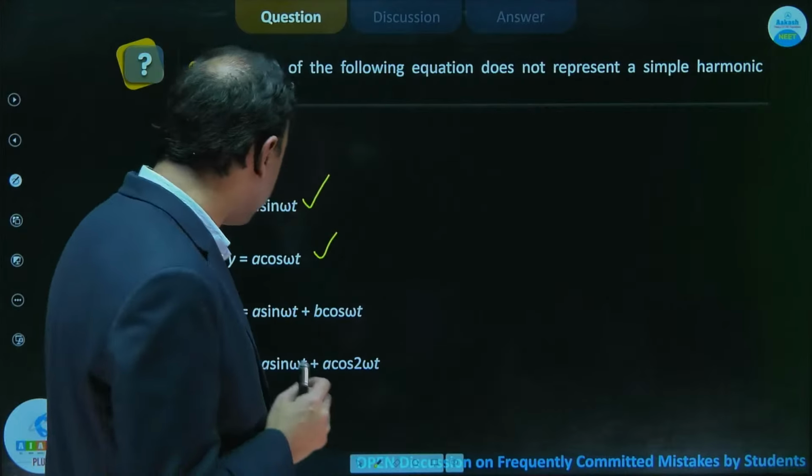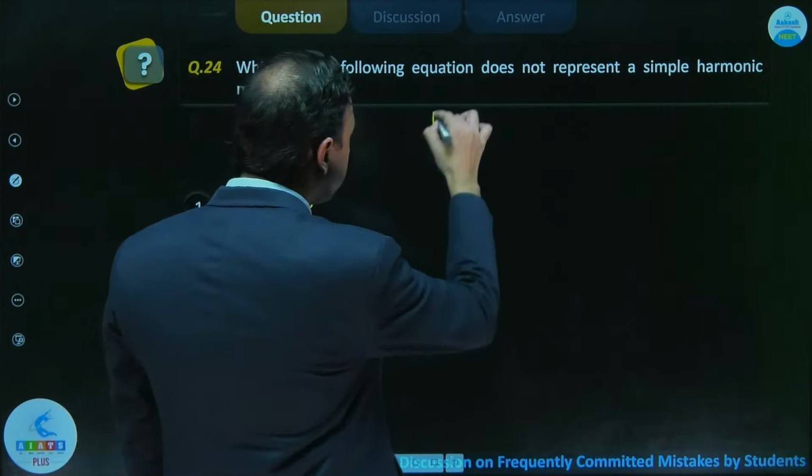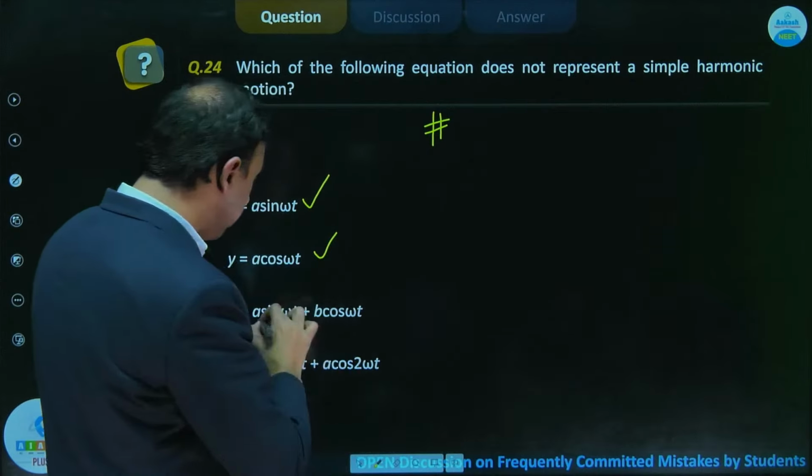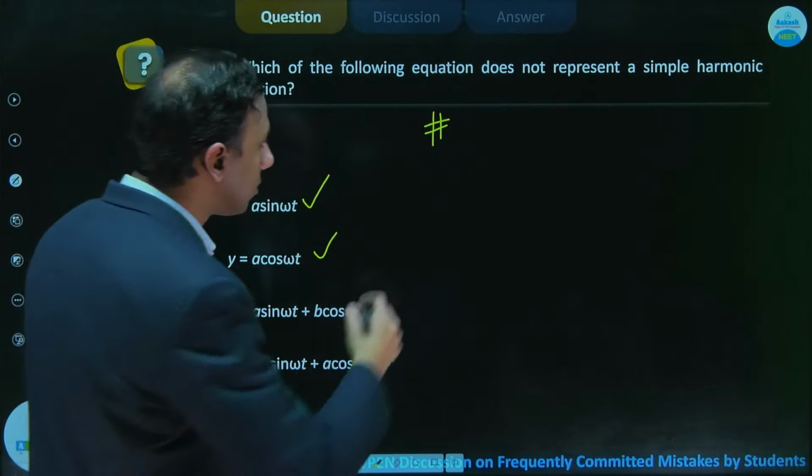If you want, we can check also. So shall we check it over here? No issue. Let's check this option. So y is given to you. Let's find dy by dt.